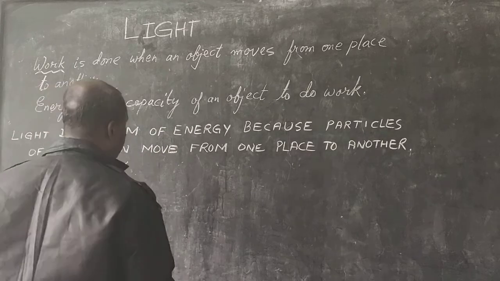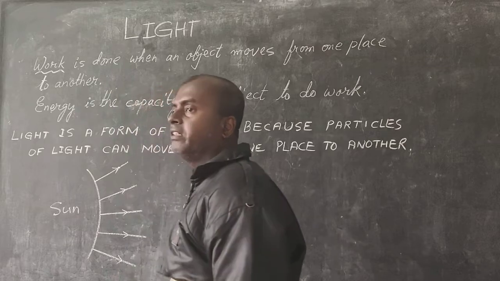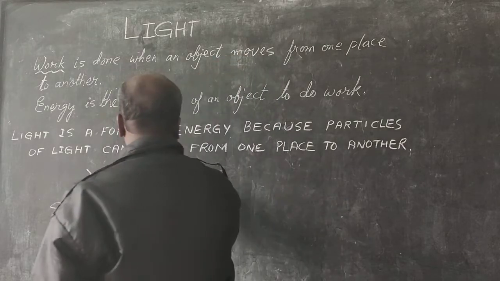So, light traveling in a straight line is called rectilinear propagation of light.